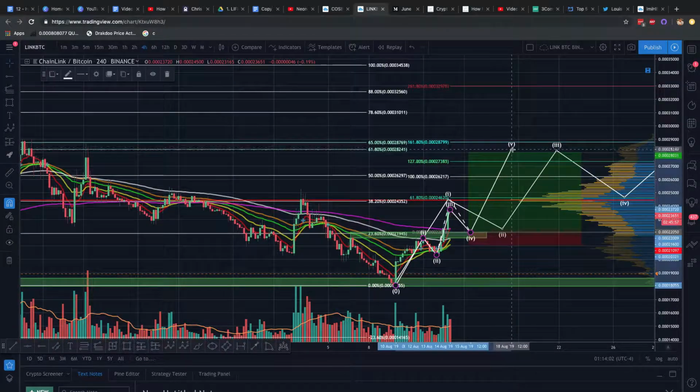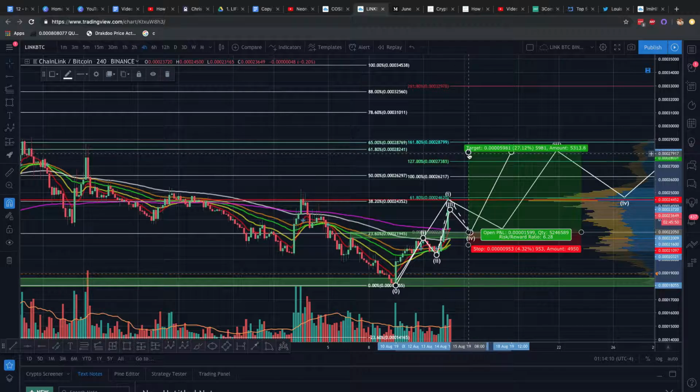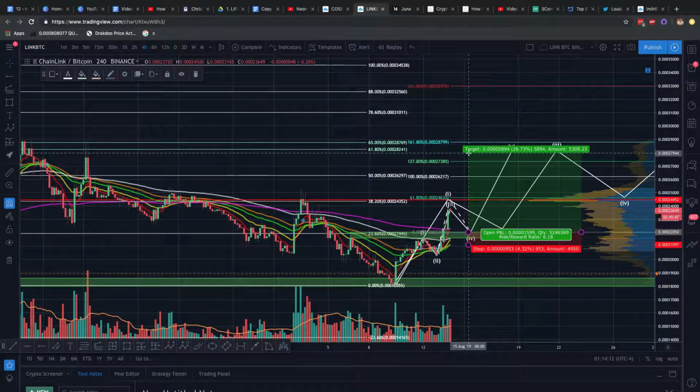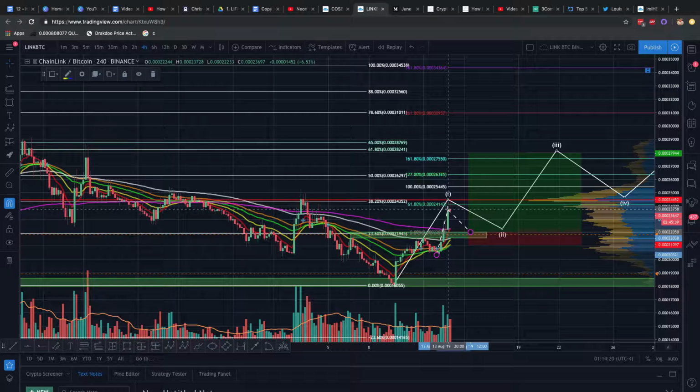This lines up right here, so it might be over here fine, but I'd rather take profits at the 61.8, and that should be about right. If you take it from the body, then this area right here is the take profit area, right?